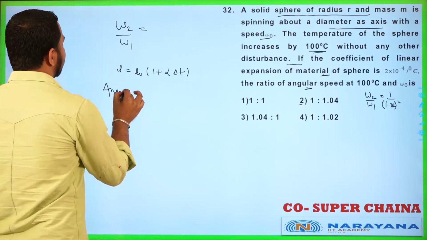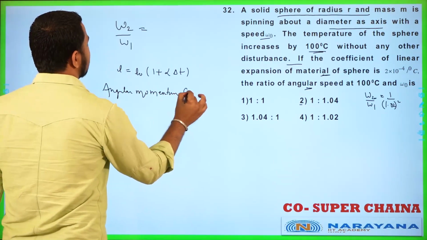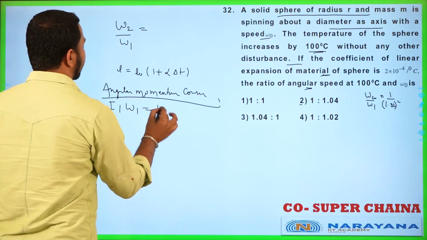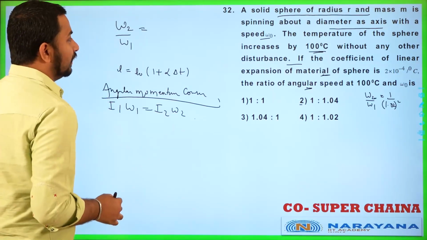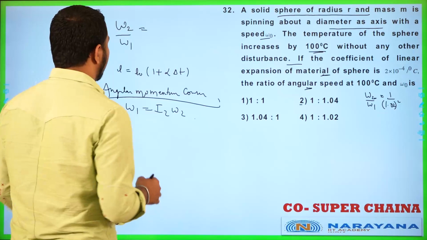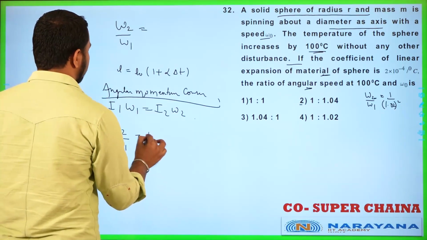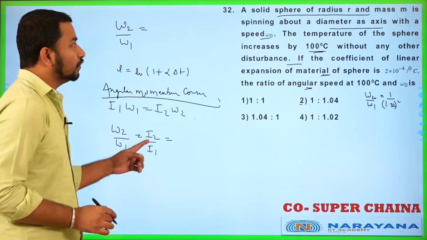Angular momentum conservation, if we apply, we know it will be I1 omega 1 is equal to I2 omega 2. Okay. Now, if you have to find here the omega 2 by omega 1 ratio, so it will be I2 by I1. Just do the substitution for I2 and I1.